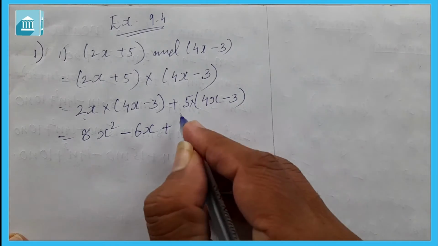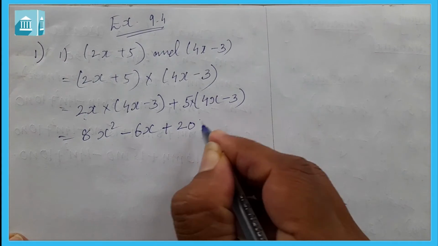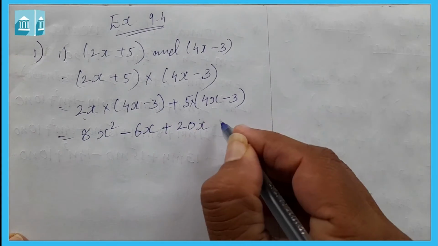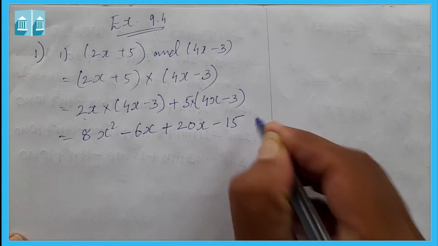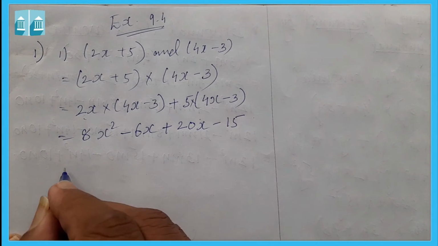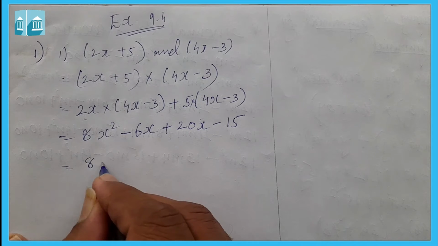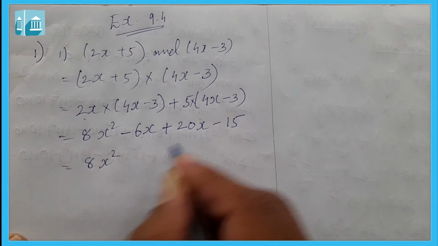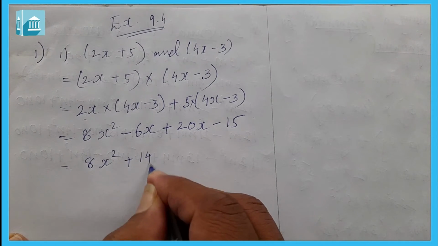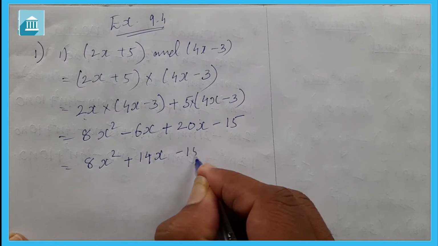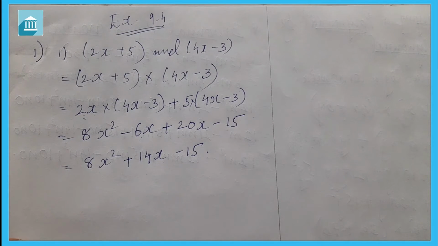Plus 5 into 4x, that is 20x, and 5 into 3 is 15, so minus 15. Now this will be 8x square minus 6x plus 20x, so plus 14x minus 15. So this will be the answer: 8x square plus 14x minus 15.